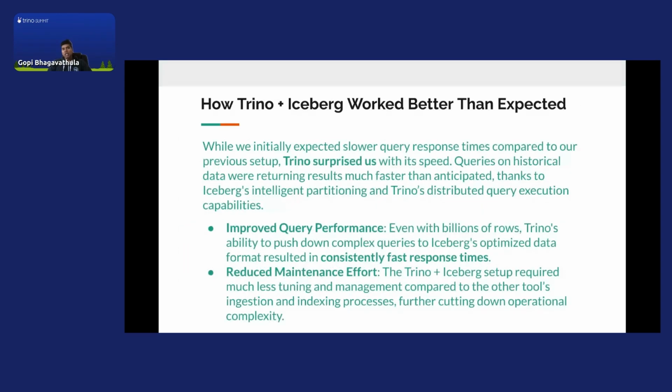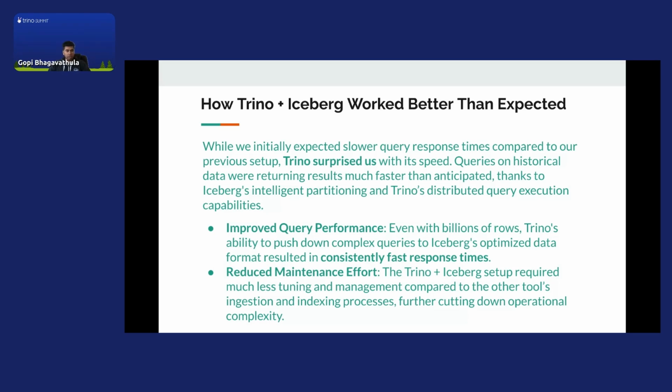While we initially expected slower query response times compared to our previous setup, Trino surprised us with its speed. Queries on historical data were returning results much faster than anticipated, thanks to Iceberg's intelligent partitioning and Trino's distributed query execution capabilities.